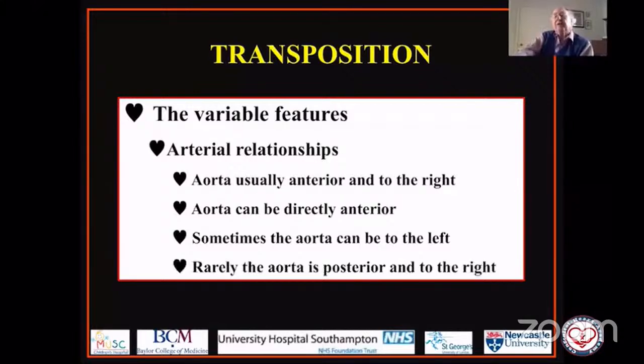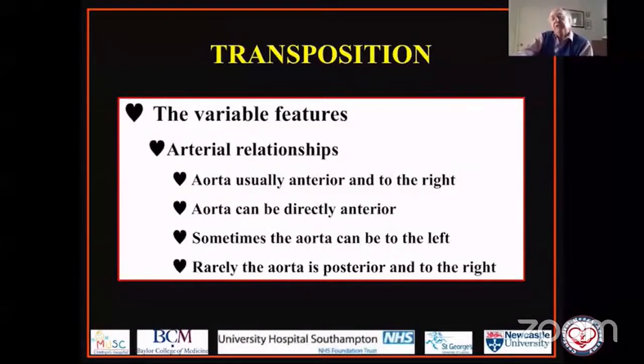And I'm going to emphasize that finding very shortly. And we should remember that no longer can we take an anterior aorta as the defining feature of transposition, because you can have discordant ventricular arterial connections with concordant atrioventricular connections when the aorta is posterior and to the right.